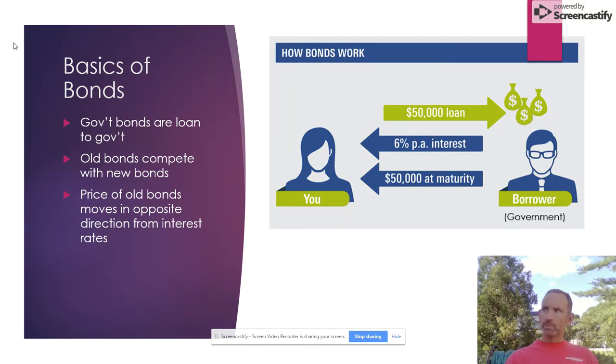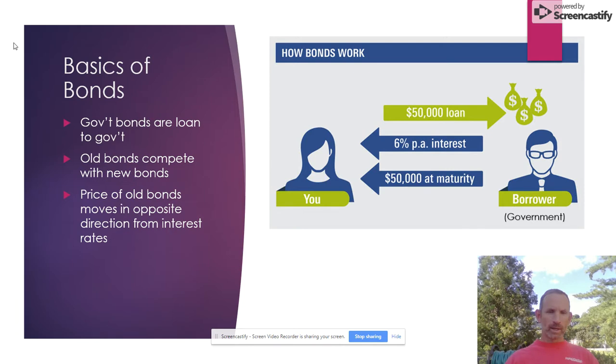Another key point is that there are old bonds and there are new bonds. The government is issuing new bonds, but you can also buy existing bonds from other investors. So old bonds and new bonds compete with each other.